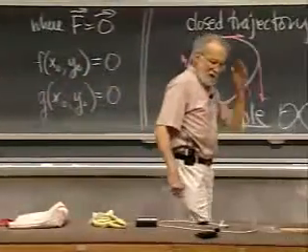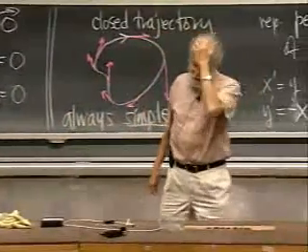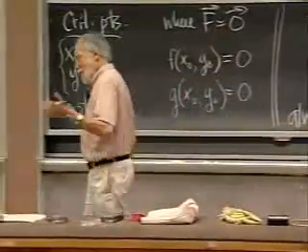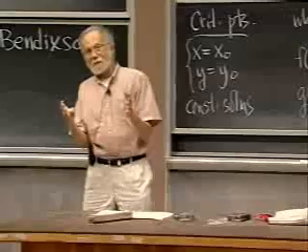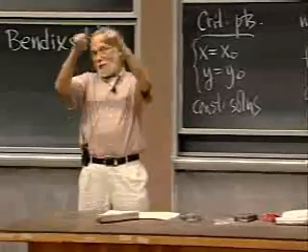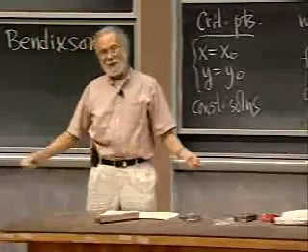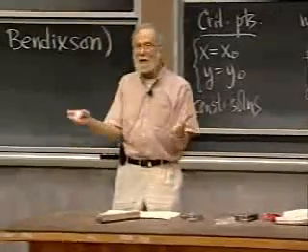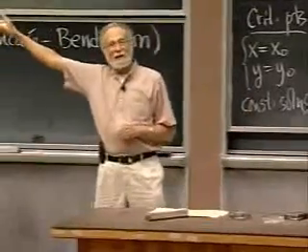Nowadays, the theorem is used relatively little because people try to find limit cycles by computer. Now, the difficulty is you have to know where to look for them. The computer screen shows only so much, and you set the axes, and it doesn't show any limit cycles. That doesn't mean there aren't any. That means they're over there.